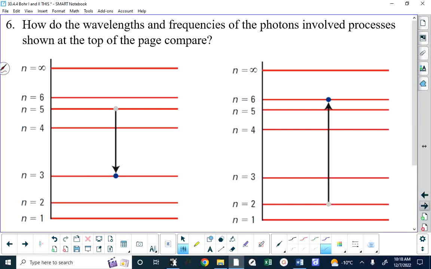Because, look, I hope you can see that this energy is smaller than this energy. So the energy change of the electron on the right is greater, and what that means is you're going to have a higher frequency here than you have here, and that means you're going to have a shorter wavelength than you do here.